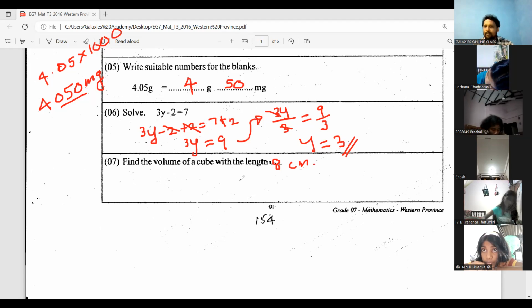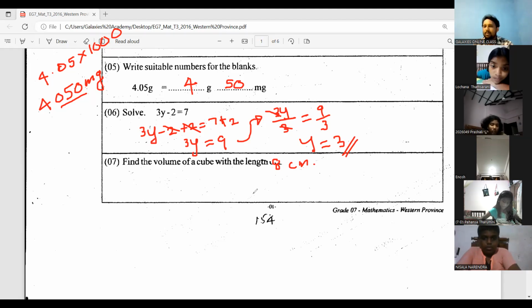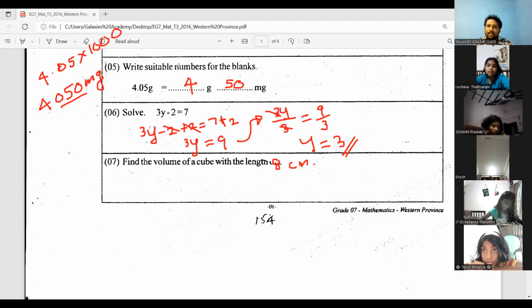Right, then cube means all sides are equal. So length, breadth and height, all dimensions are 8 centimeters. So how can you find the volume? 8 multiply 8 multiply 8.